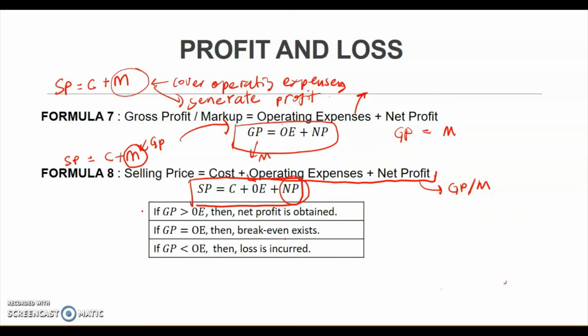Okay, so the first case, if your gross profit is more than operating expenses, this means you will get net profit. Your net profit value is more than 0.